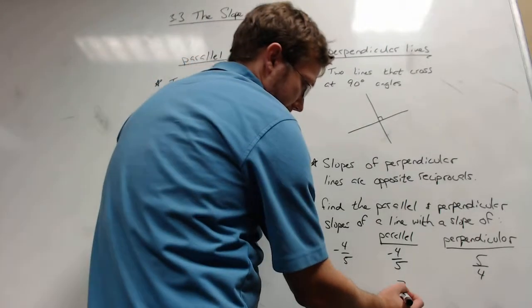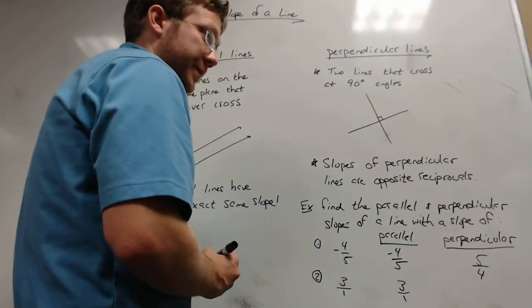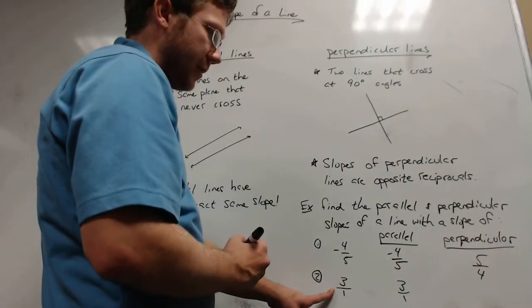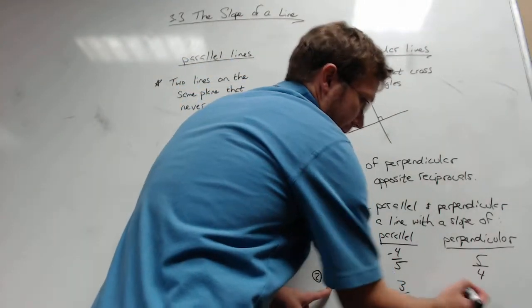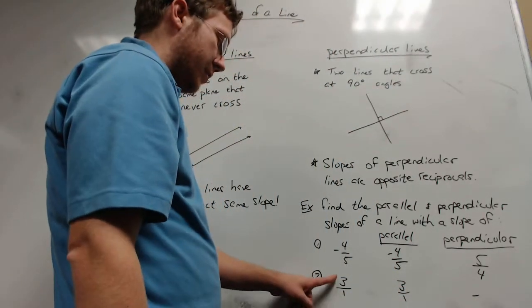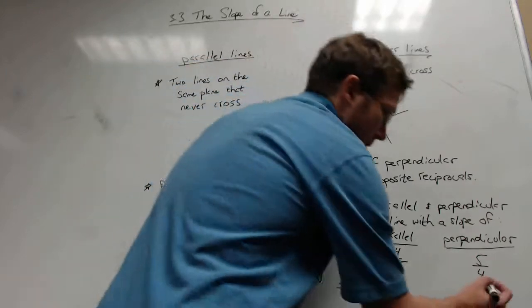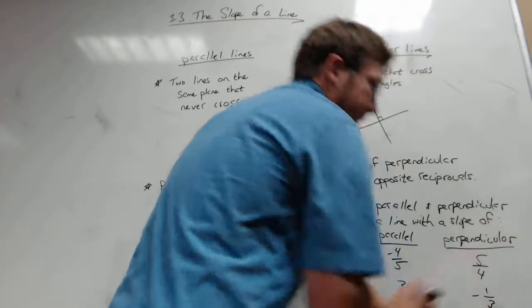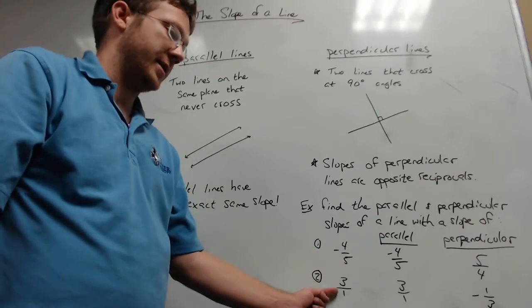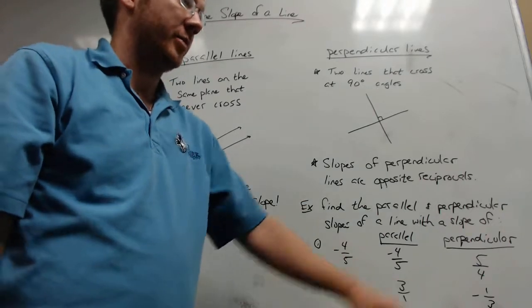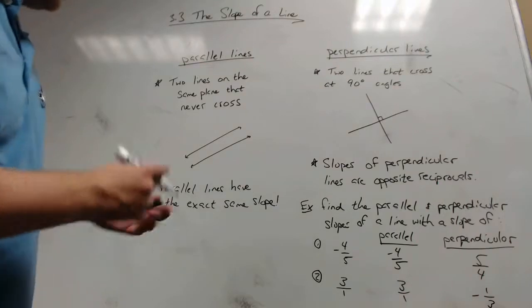Our parallel line would have a slope of 3/1. And our perpendicular slope, now we can figure this out. This is positive, so perpendicular must be negative. And the reciprocal of 3/1 is 1/3. So we can do it with whole numbers or with fractions, because we can think of any whole number as a fraction and find the parallel and perpendicular slopes. All right, there we have it.